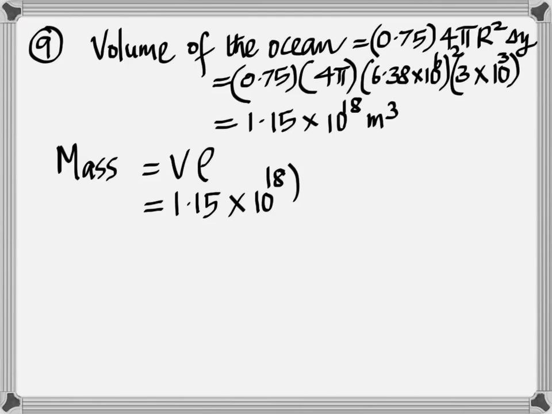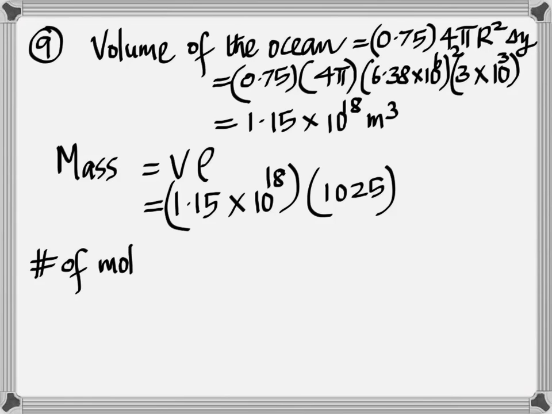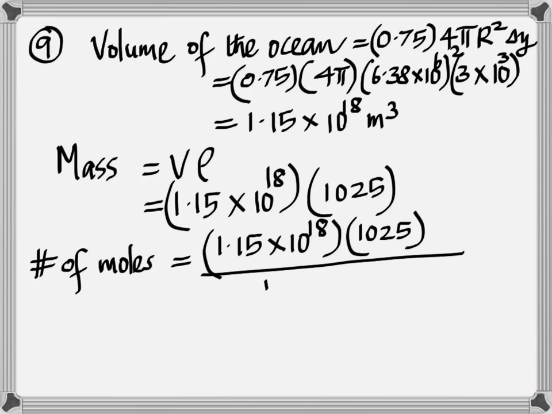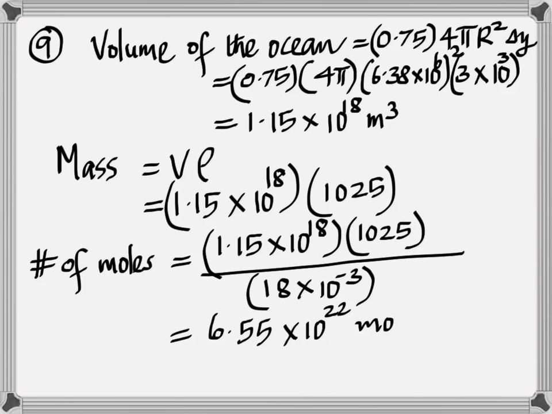Mass is volume times density. It's the density of seawater. That's why it's 1025. And then the number of moles is always total mass divided by the molecular weight in kilograms. And it's H2O, so it's 2 plus 16, 18 grams, which is 18 times 10 to the negative 3 kilograms. We get 6.55 times 10 to the 22 moles.